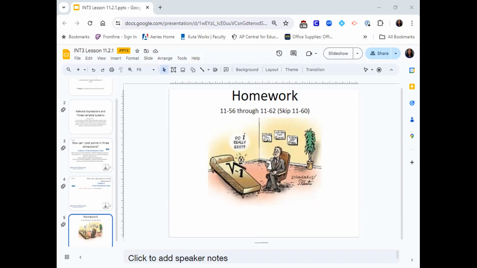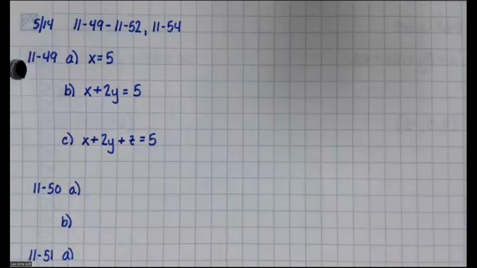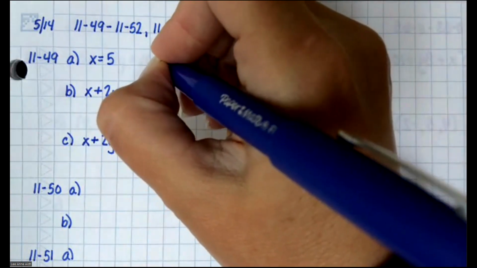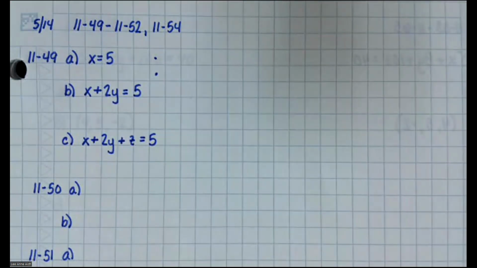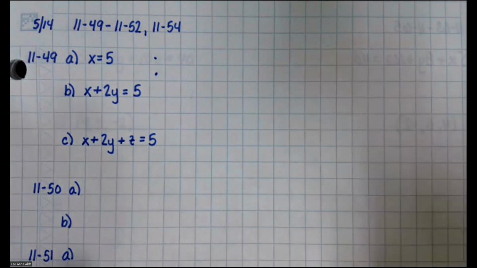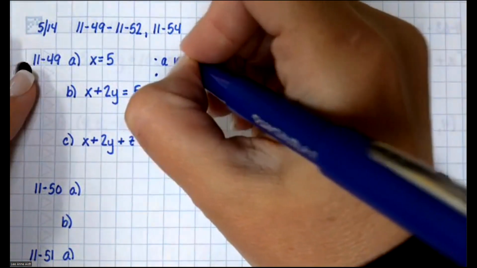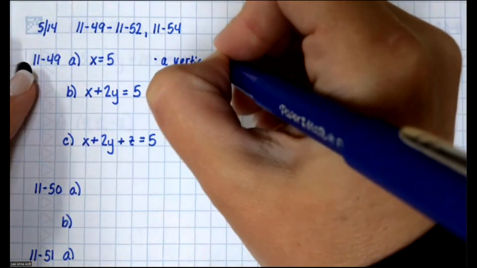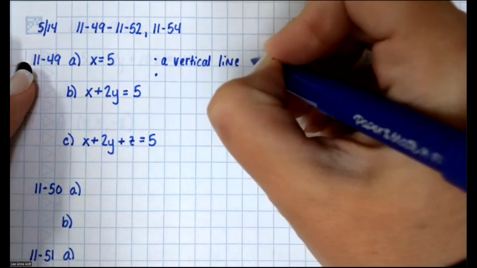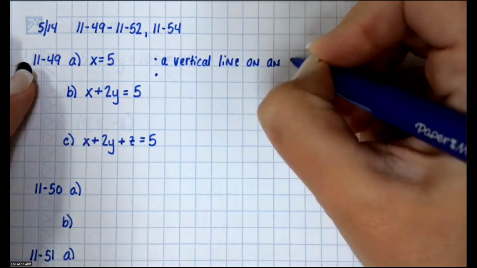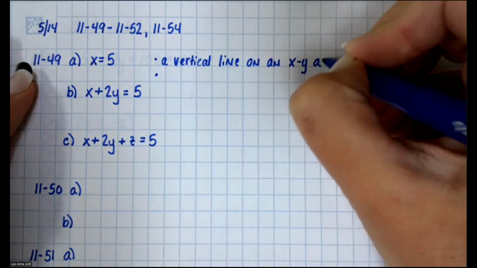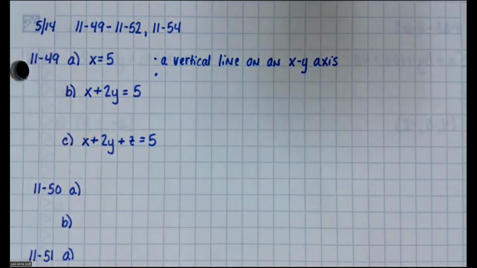Just plain old x equals 5. Anyone have any ideas? There's 2 different ways we could graph x equals 5. A line, okay. So a vertical line on an XY axis is one of the ways.